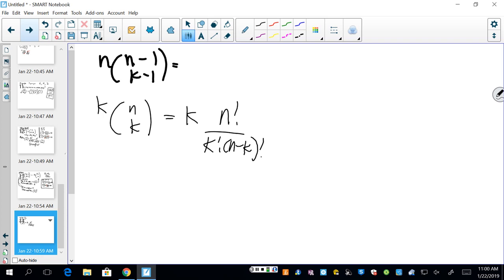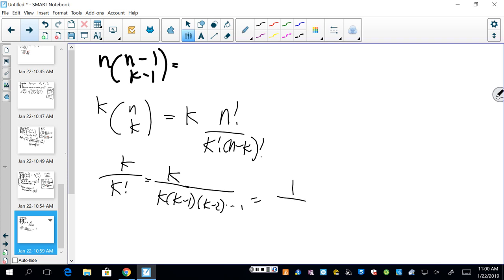Can that lower one be simplified? What happens when you have the k over k factorial? K over k factorial means k over k times k minus 1 times k minus 2 all the way down to 1. So that first k can cancel there.